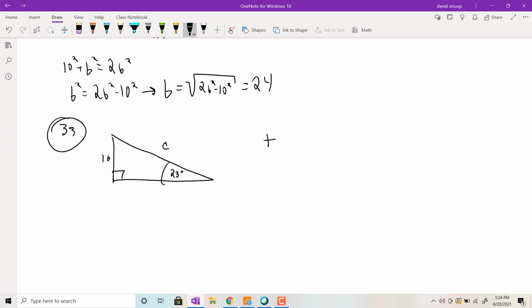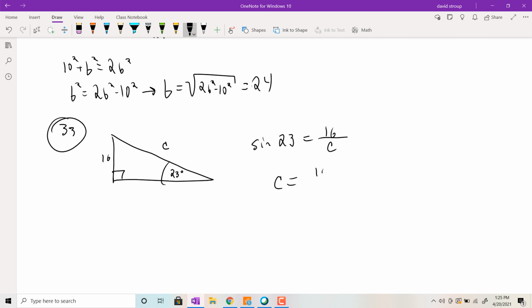So basically tan of 23, well, no, not tan. We want opposite over hypotenuse, right? To get all the information and the unknown together in one equation. So what would be opposite over hypotenuse? That's sine, right? So sine of 23 is equal to opposite over hypotenuse. And then we can multiply both sides by c, divide both sides by sine 23.